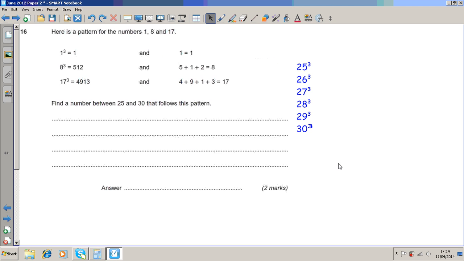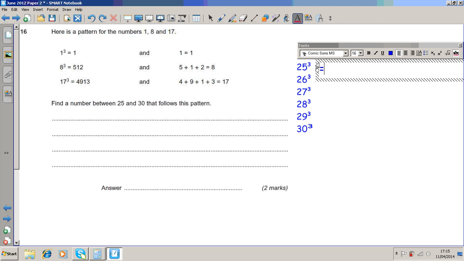Number 16. Here is a pattern for the numbers 1, 8 and 17, 1 cubed. So they're cubing their numbers, and then they're adding together the digits and showing that the digits are equal to the number they started with. Find a number between 25 and 30 that follows this pattern. Well, I don't know, but I think I'm just going to whack these into a calculator and see what I get.